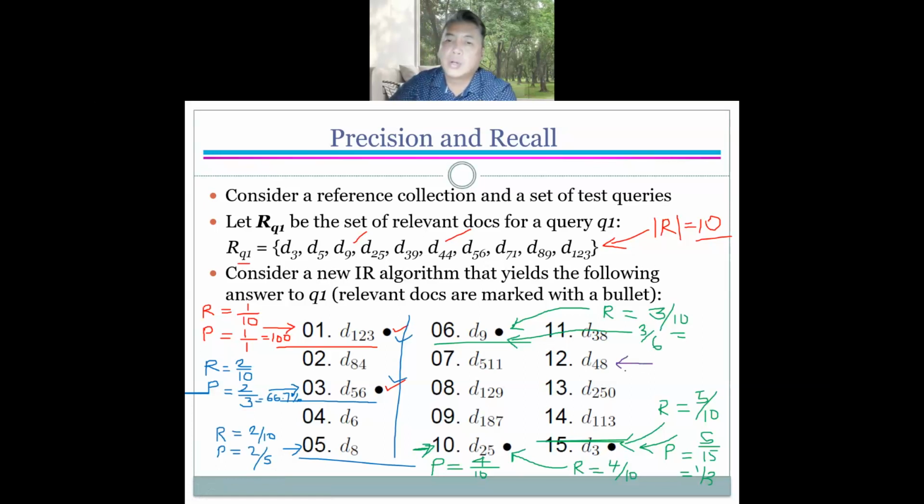At this point, our recall is still 3 over 10. Our precision will be lower. So the precision will be 3 over 7.